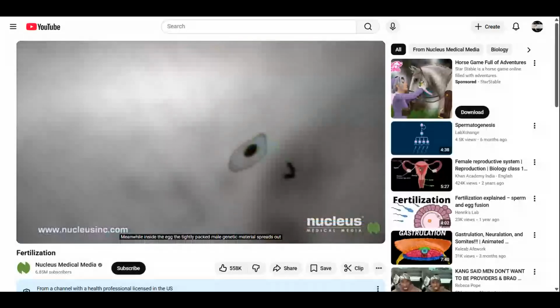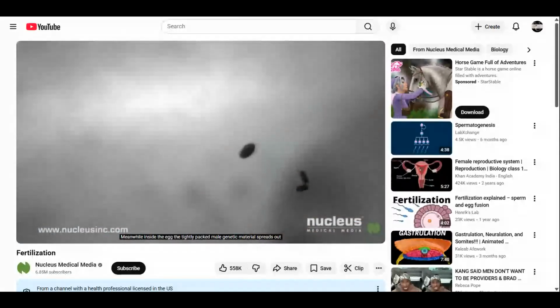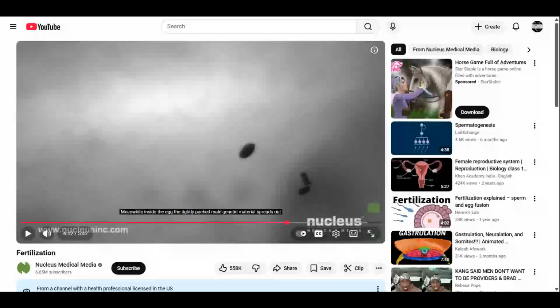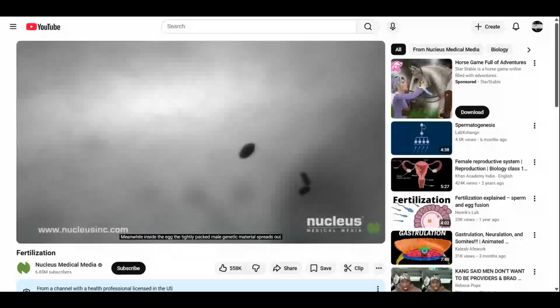Meanwhile, inside the egg, the tightly packed male genetic material... Okay, what do you see inside the egg? Do you see the tail of the sperm? No, you don't.